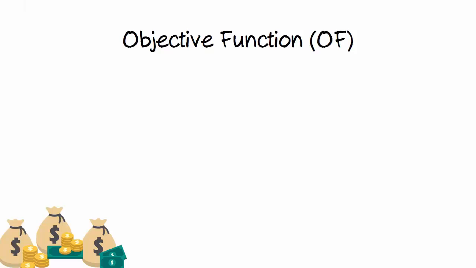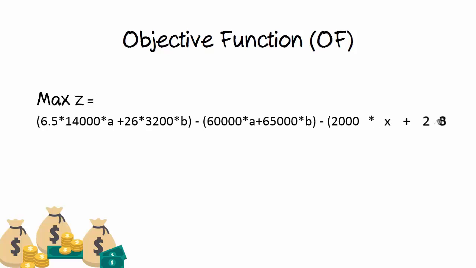Next step is to define the objective function. Our objective is to find the maximum profit of this problem by controlling the amount of paddy and corn, also the amount of fertilizer that needs to be used. Since this is a maximization problem, we will define the function as maximum Z. Here is the formula.